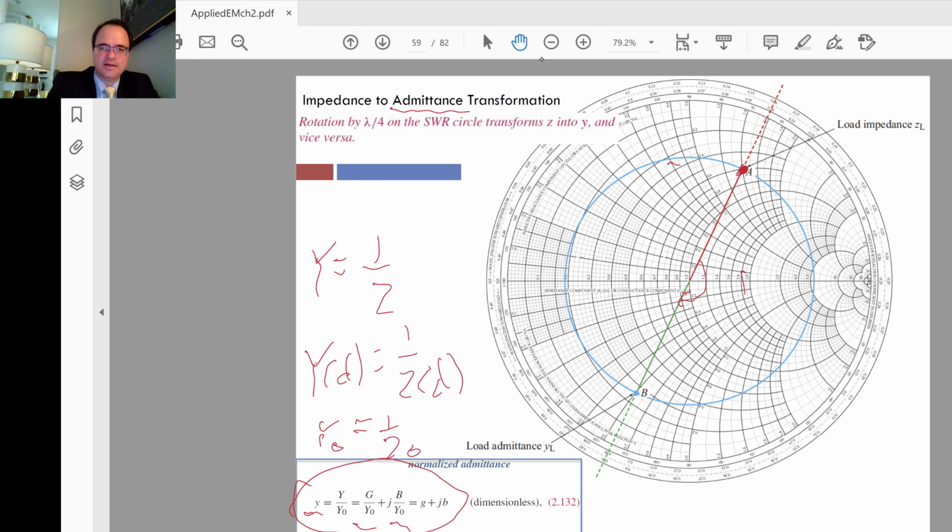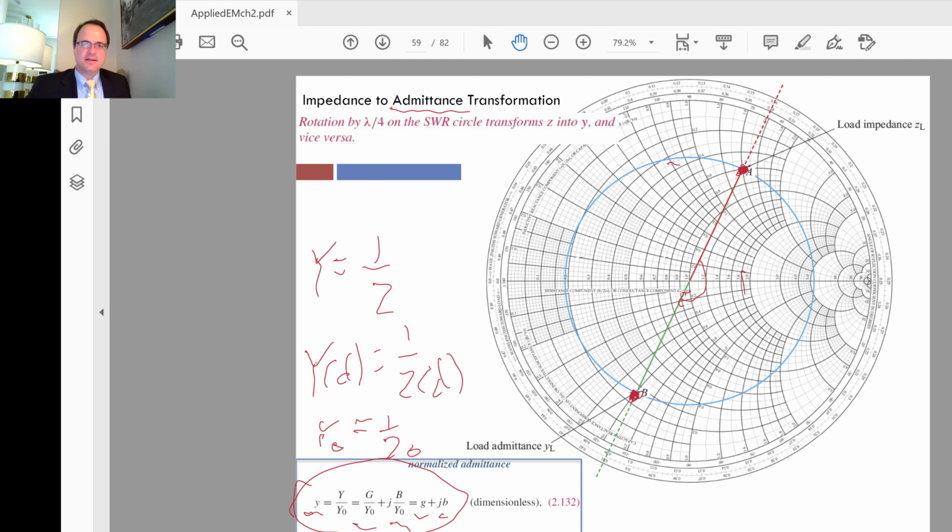The RL value that we read off from the Smith chart here will give us G, and the XL value at that point will give us B. So once we know position A and we get the impedance, we just go down to B, 180 degrees away, and read off the RL and XL values, and those turn out to be G and B. So it's a very easy way to get the admittance as well.